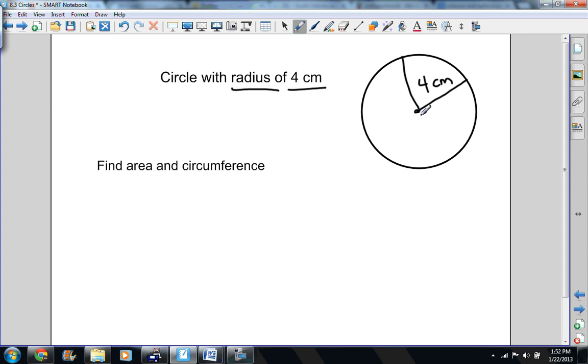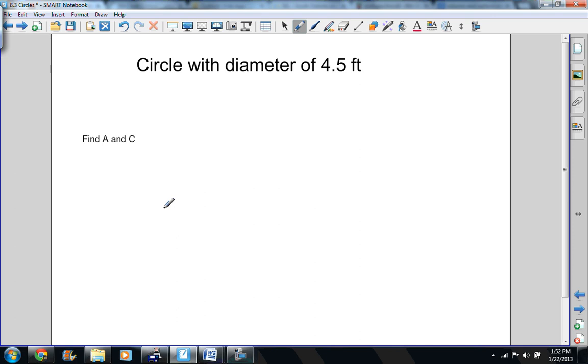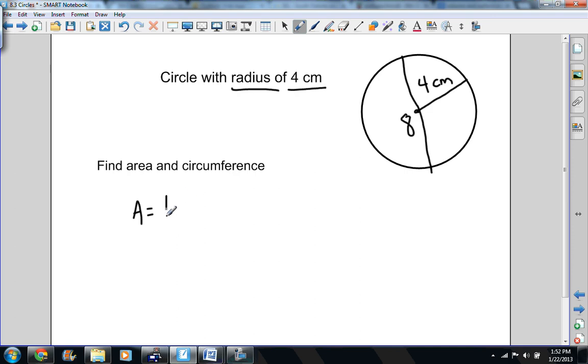Well, that means that my diameter is going to be 8. So my area is going to be equal to my radius squared times pi. So that's going to be 16 pi. And my circumference will be 8 pi. All you got to do is find the radius and the diameter, and then you're golden.